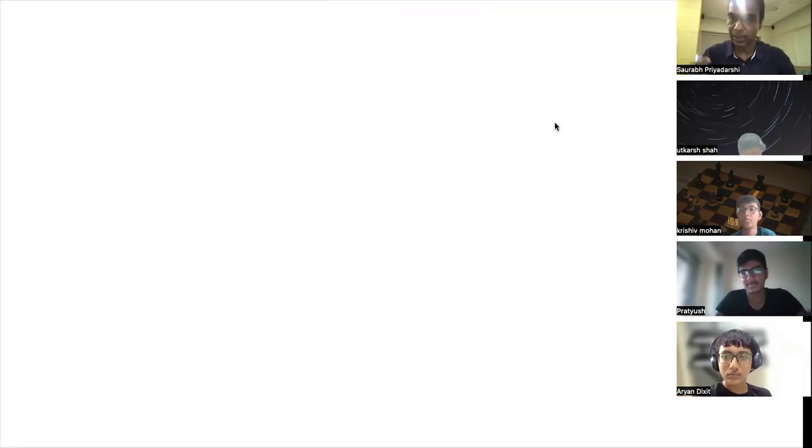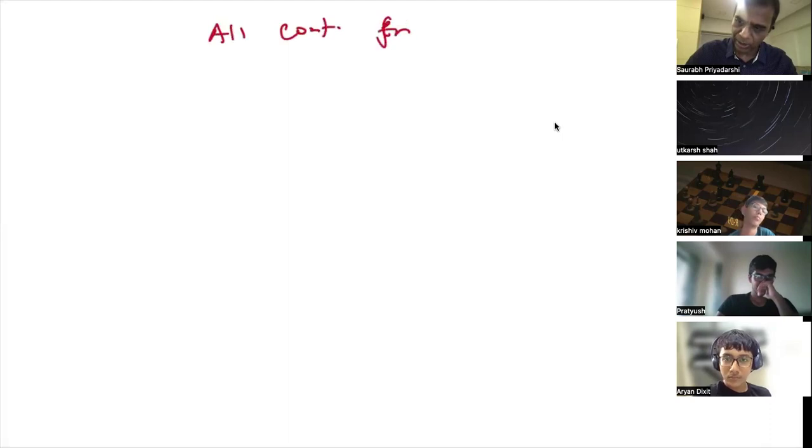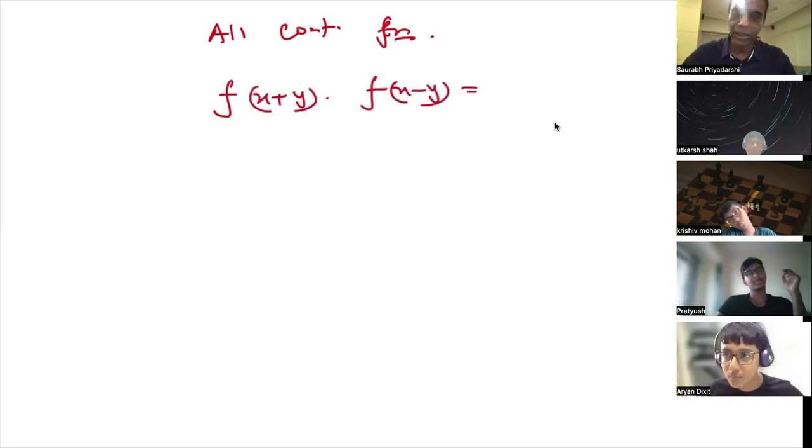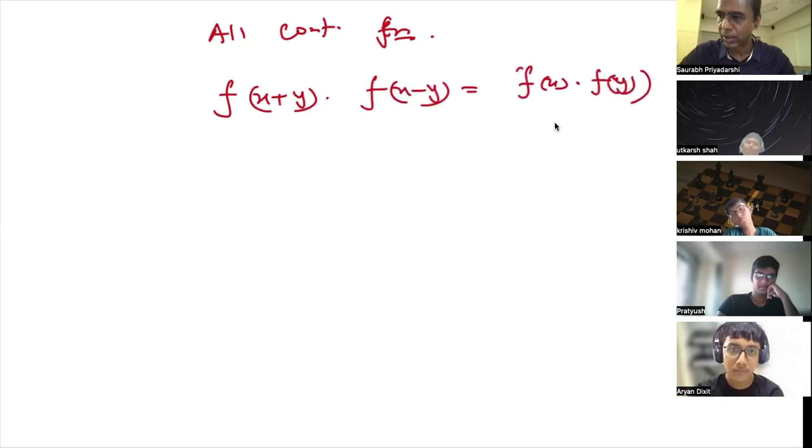In that case we have to work in a way that we create some Cauchy or something function. The function is continuous. Find all continuous functions f such that f of x plus y into f of x minus y is equal to f of x into f of y the whole square.